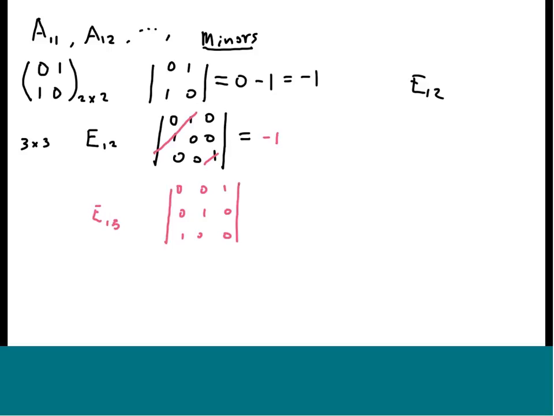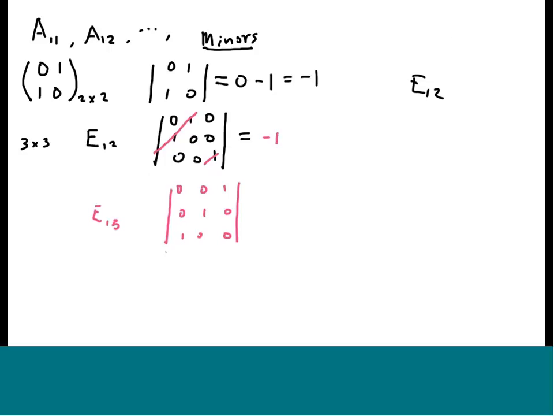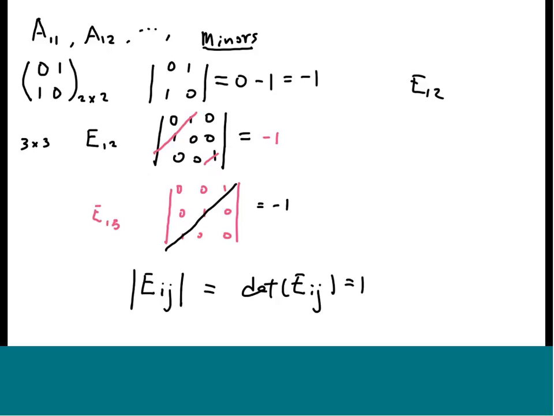Only one of them in that direction, so the determinant is -1. So Eij always has determinant -1. Okay?